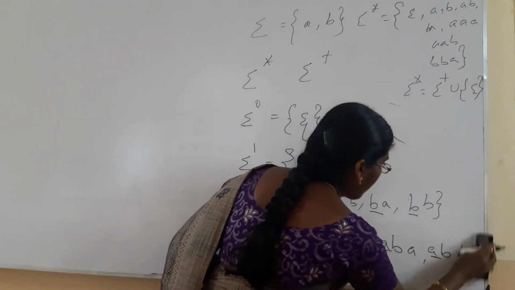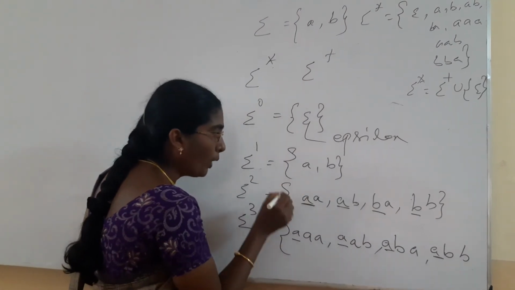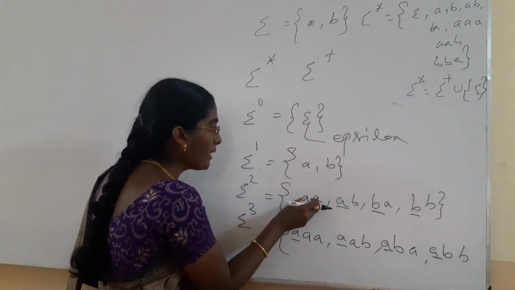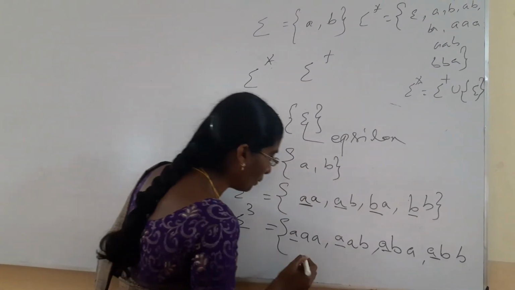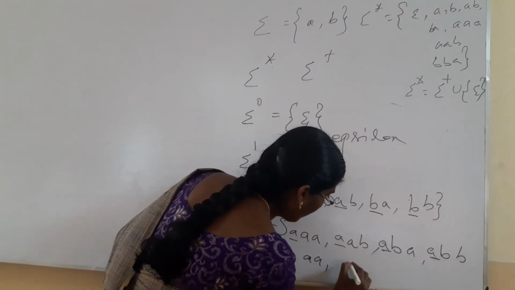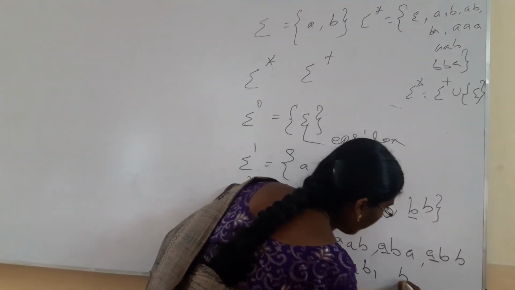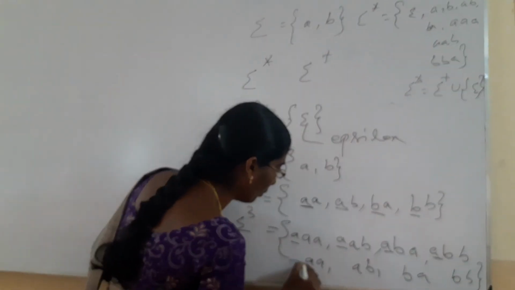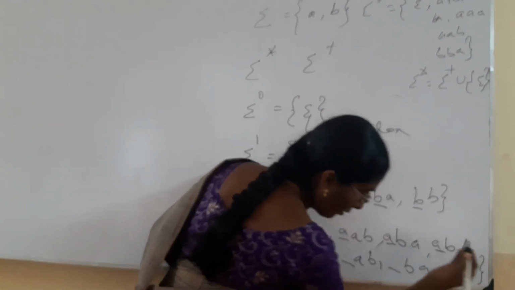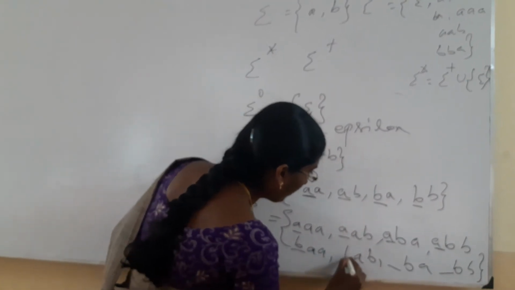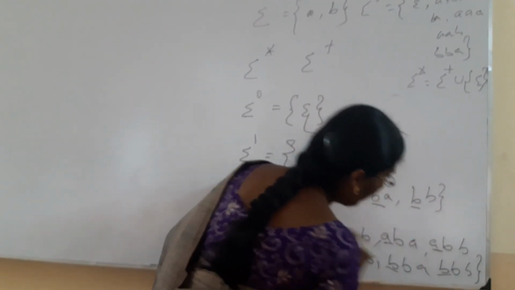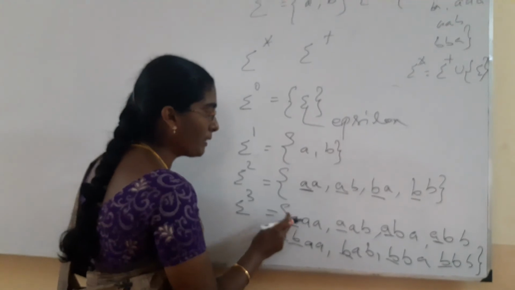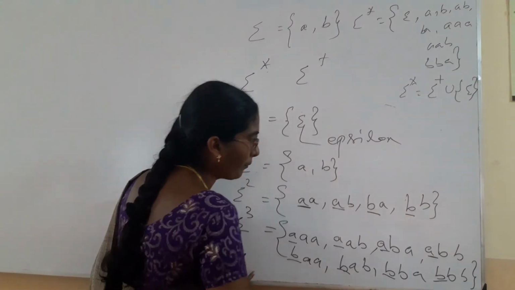Next, concatenate B with the existing symbols present in summation power 2: AA, AB, BA, BB. These are existing symbols in summation power 2. Here we have to concatenate B. These are the set of symbols present in summation power 3.